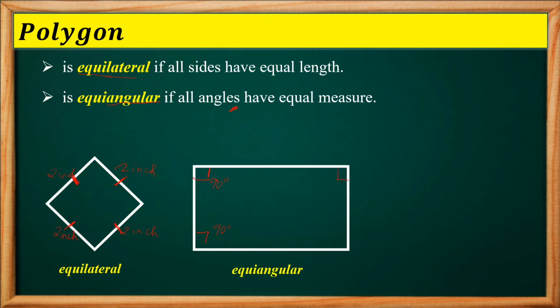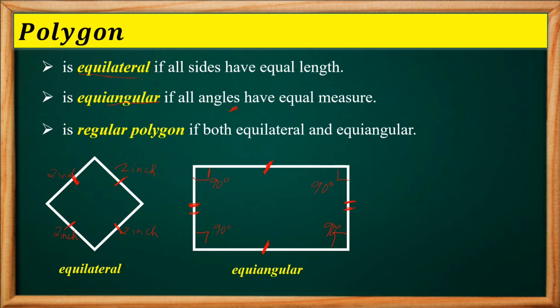Then this one is 90 degrees. And it is equiangular. But try to observe their sides. Palagay natin rectangle. Ito siya, same measurement, and ito, same measurement. Pero hindi lahat the same. As long as we can say that equiangular, all angles are equal.